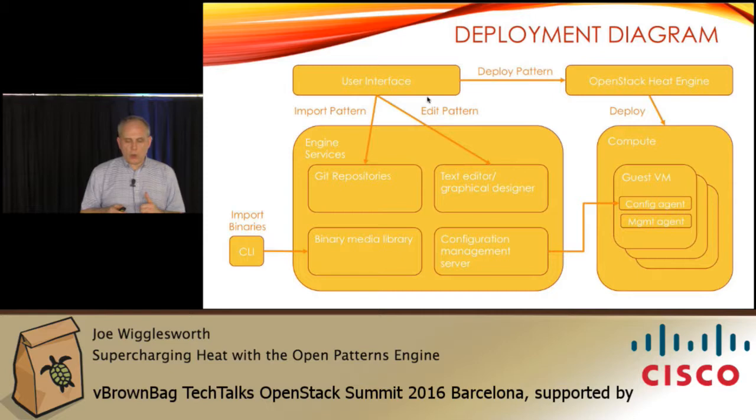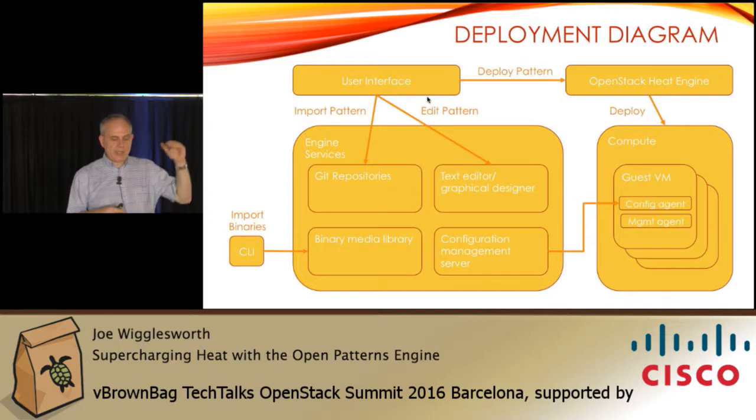So what that looks like at a really high level is the large box here that's taking up most of the screen is the engine services. So that's the Git repositories are there, the graphical editor is there, your media library, and the configuration management server, which is things like, that would be Chef or Puppet or Salt.